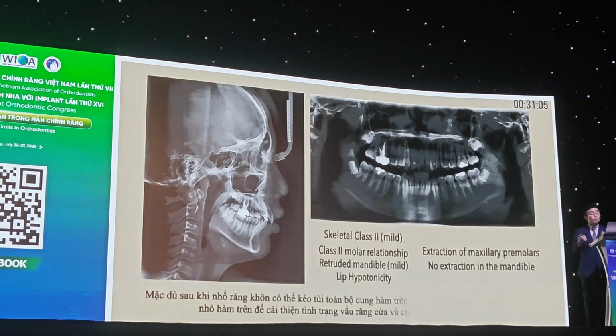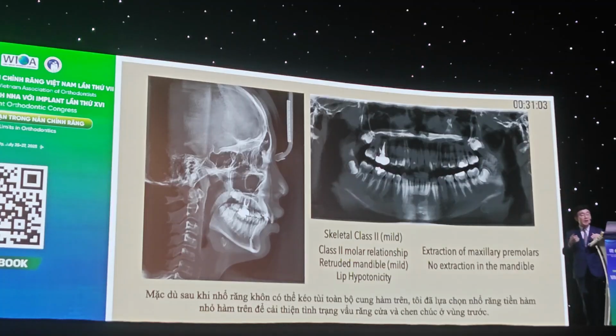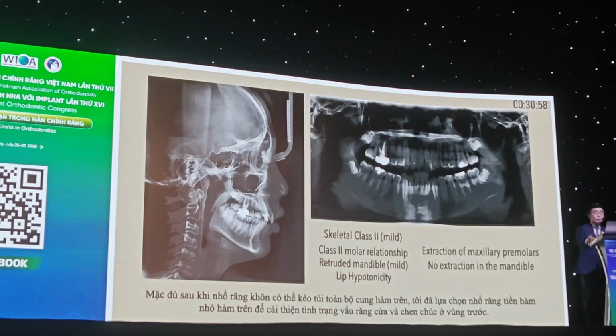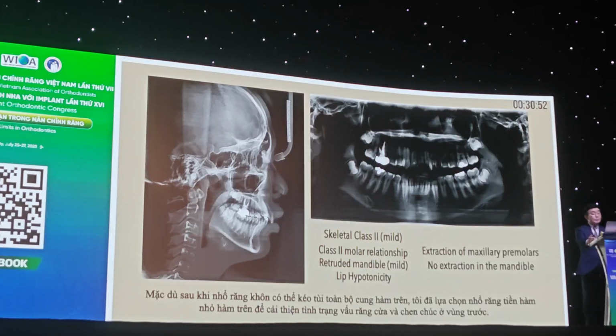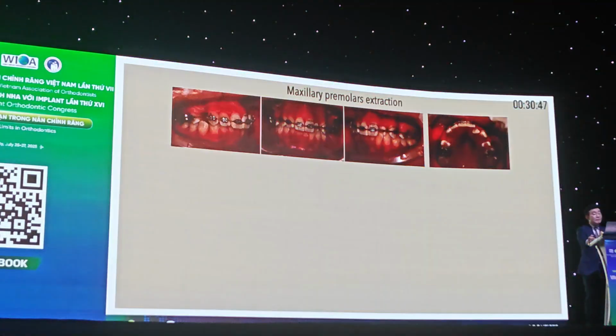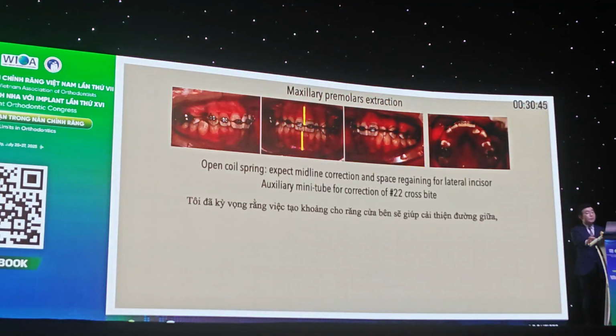While it is possible to move the entire maxillary arch backward following the extraction of the molars, I opted to extract the maxillary premolars to facilitate the improvement of the maxillary incisor protrusion and crowding. I anticipated that widening the space for the lateral incisor would lead to midline improvement.